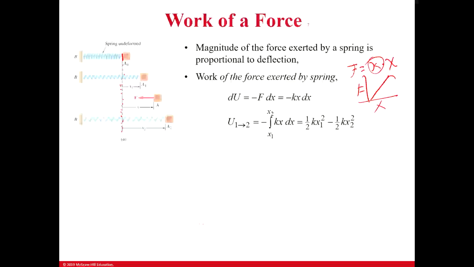So the energy from case 1 to case 2 is the integral from the first distance, which could be 0, to the second distance, of the constant and the change in x. When you integrate this, you get an expression like this one: 1/2 k times x1 squared minus x2 squared.